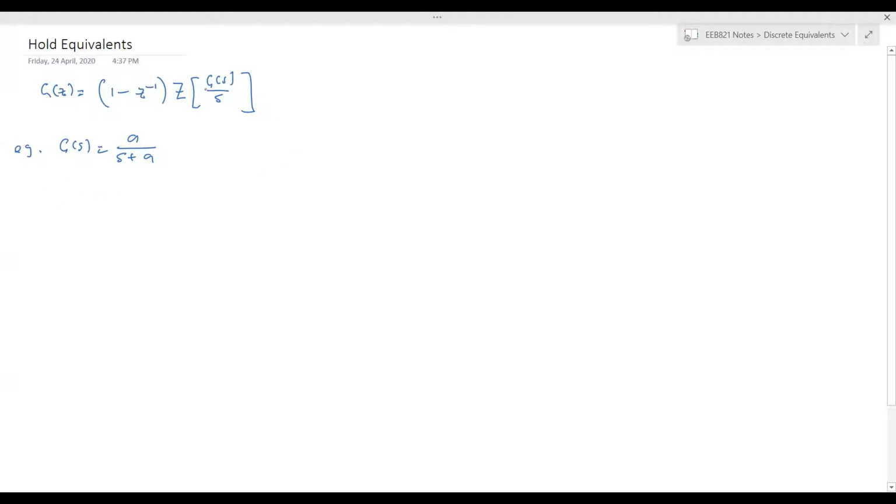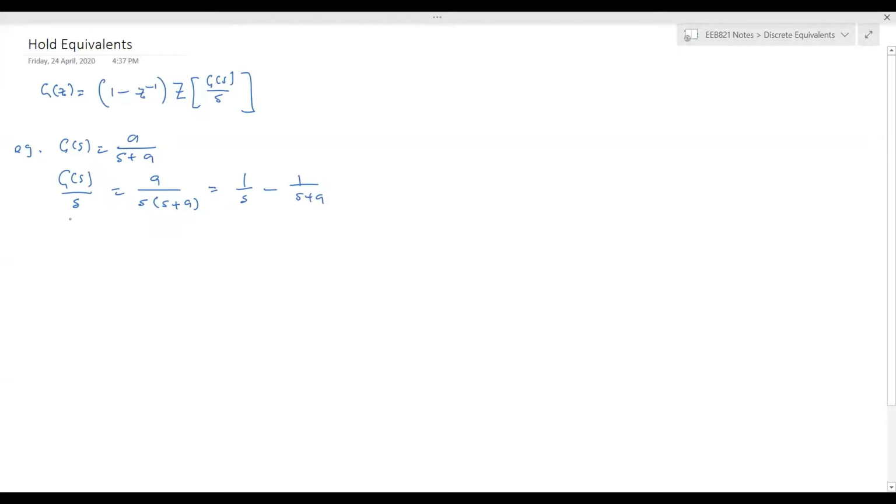So how can we use this equation to transform G of s into G of z? The first thing we need to do is take G of s over s and then do a z transform of that. But before doing a z transform, we need to take the inverse Laplace. G of s over s will be a over s times (s plus a). If we expand that using partial fractions, we get 1 over s minus 1 over s plus a.